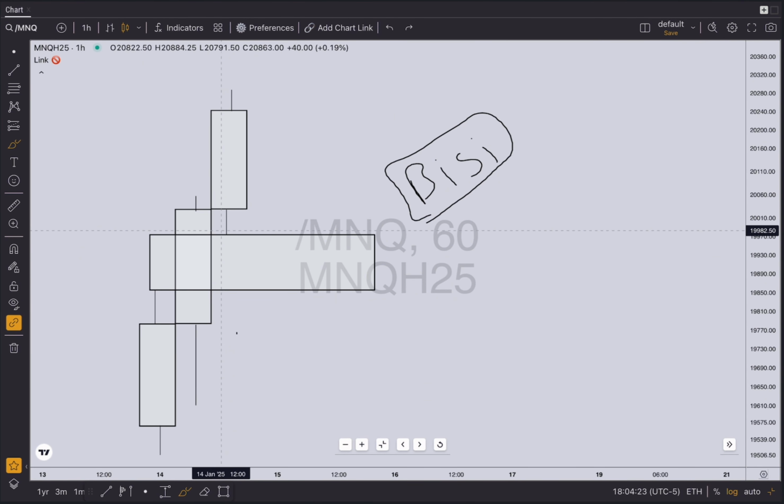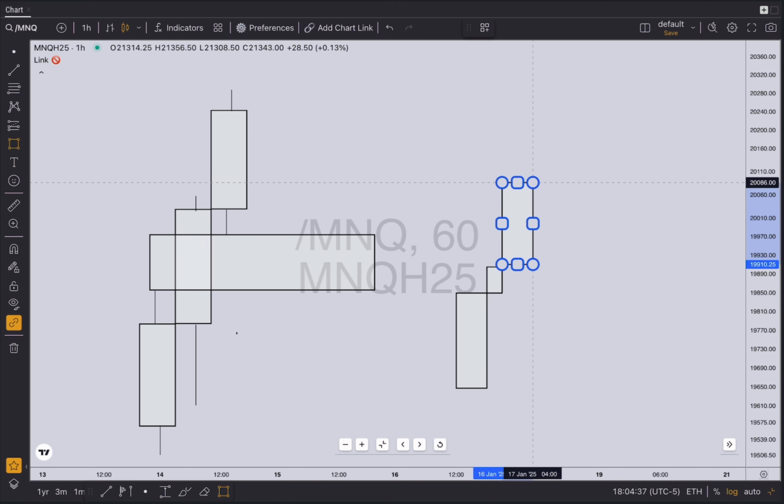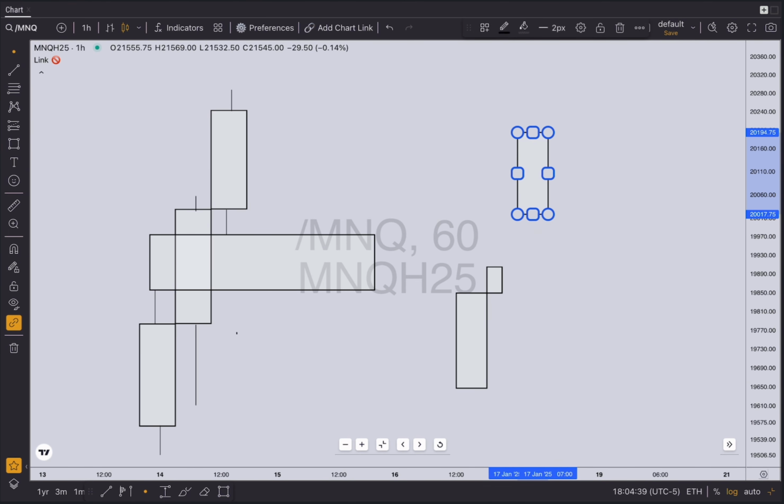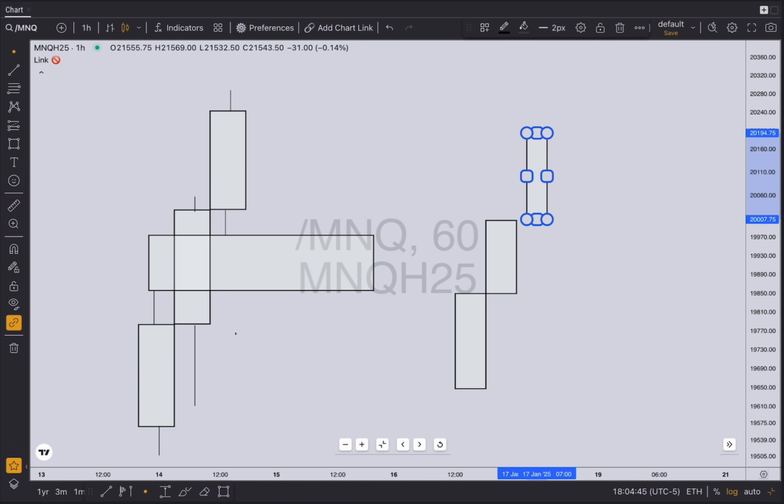So if we had something like this, let me show you guys. Let's draw the same thing. We have this candle, and then this candle, and then this candle. Or actually, let me draw them the same size so you guys get what I'm trying to say here. So, let's assume they're the same size.